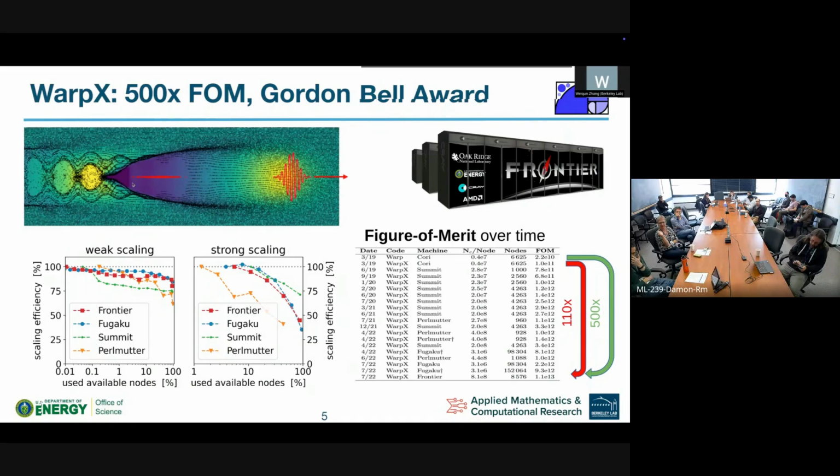And you can see the code runs on several supercomputers: Frontier, that's an AMD GPU machine; Fugaku, which used to be number 1, a CPU machine in Japan; and Summit and Perlmutter, which are NVIDIA GPUs.